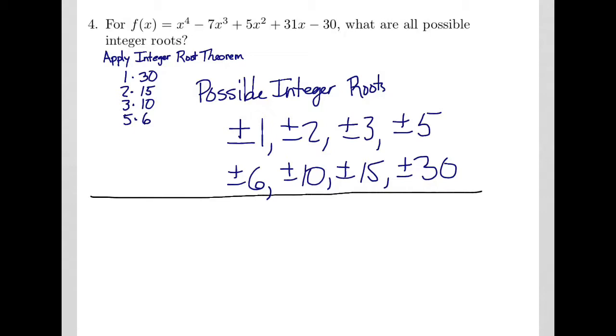Let's do a test, and let's check both plus or minus 1 to see if they're roots. So let's check plus 1 first. I write down the coefficients of my polynomial.